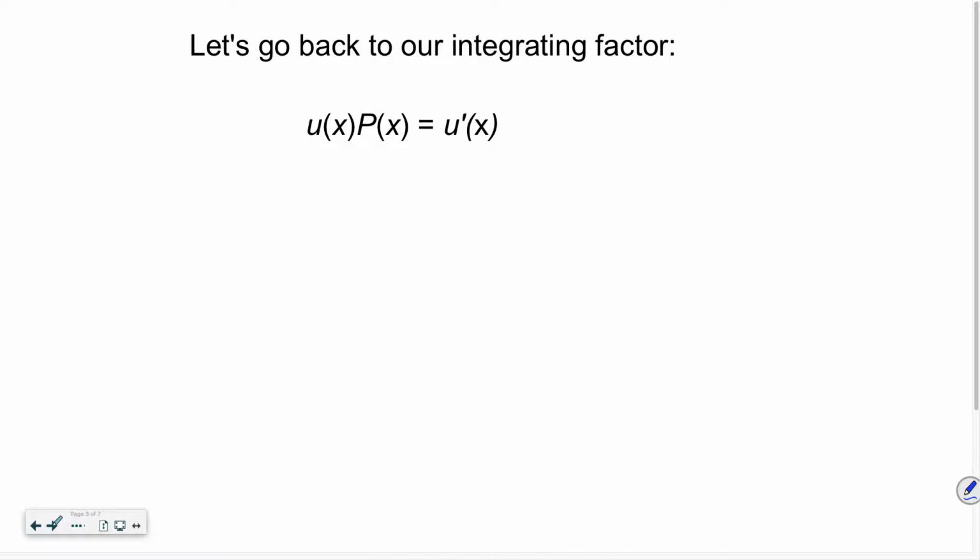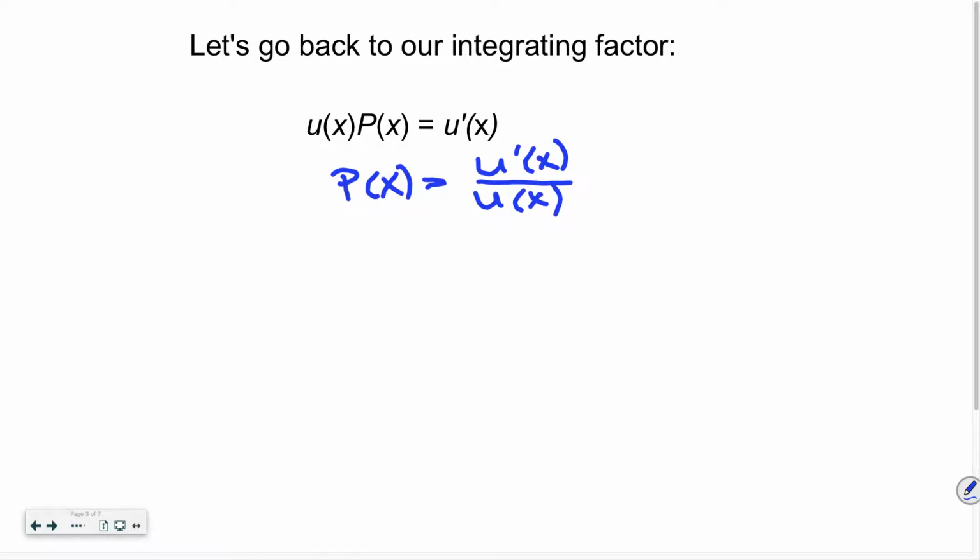Okay. All right. So, you ready for this? Can we rewrite this to be u prime of x over u of x? U prime of x over u of x. I feel like that's very familiar.